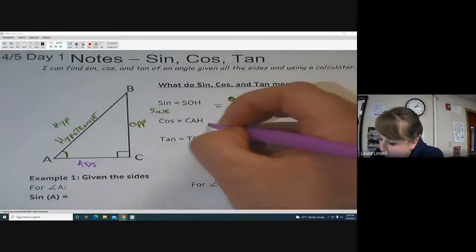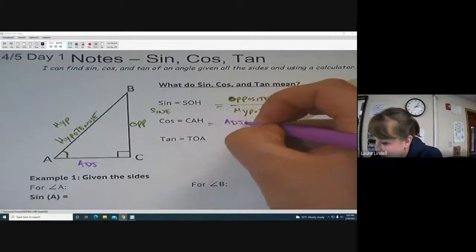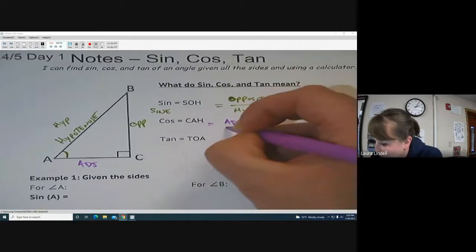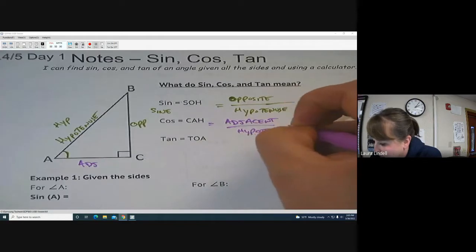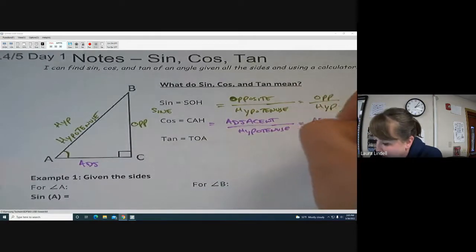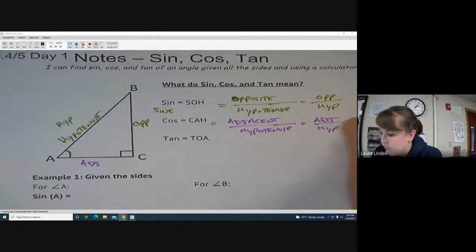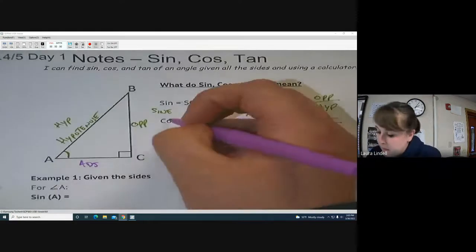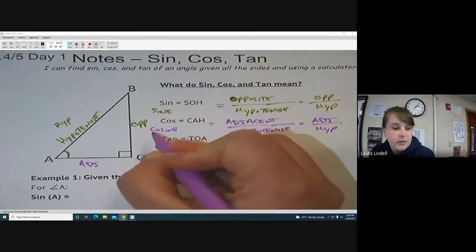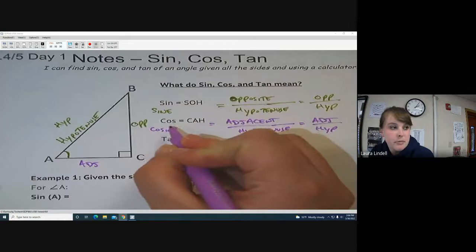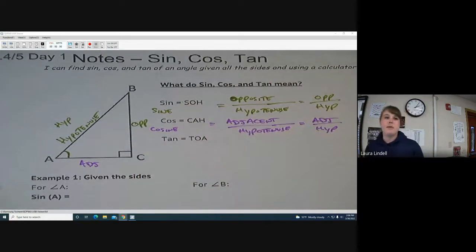So for cosine, we have adjacent over hypotenuse, or ADJ over HYP. And same thing with cosine. If you spell it all the way out, it's spelled like this and pronounced like this, but it is usually abbreviated as COS or cos, but we usually call it cosine, the full name, when we're talking about it. All right. So that would be the cosine ratio.